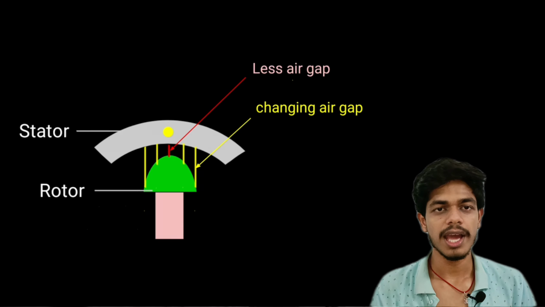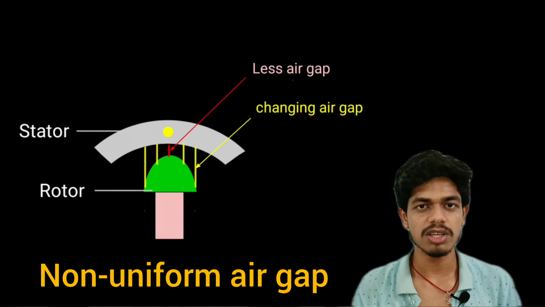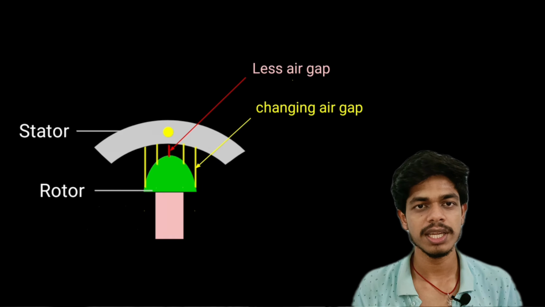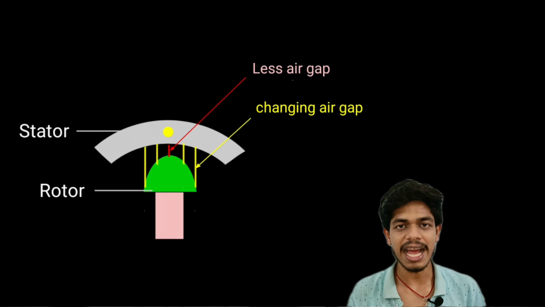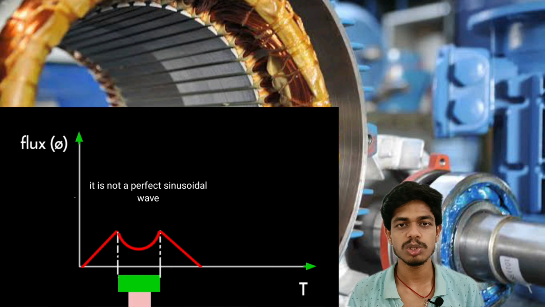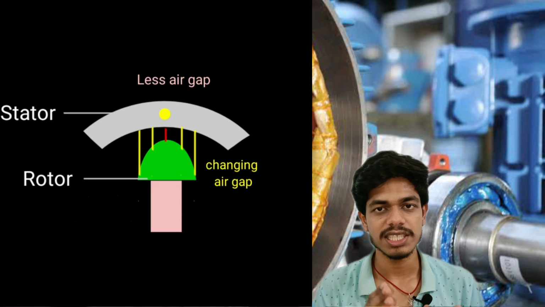This motor has a non-uniform air gap between stator and rotor, because if we do not give a non-uniform air gap between the stator and rotor, then we can't generate a pure sinusoidal voltage as output.